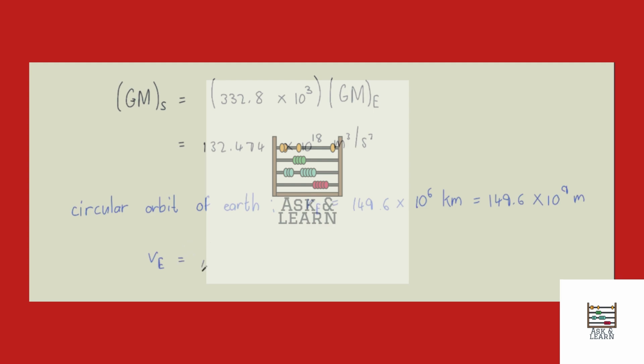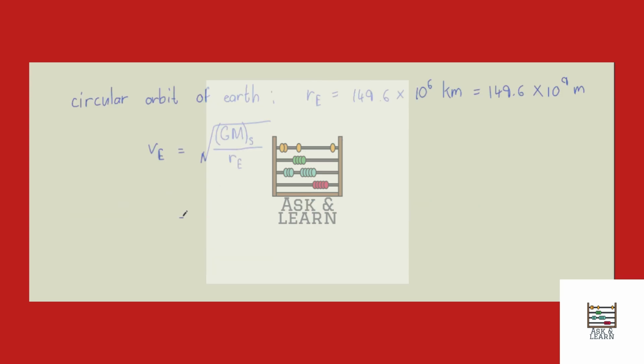So VE is equal to the square root of G times M for the Sun over the radius of this orbit. So we're trying to calculate the speed of Earth's orbit about the Sun. And if we substitute our values in here, we get the square root of 132.474 times 10 to the 18 over 149.6 times 10 to the 9.